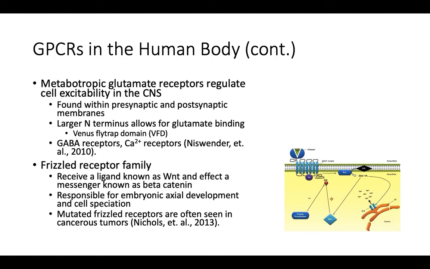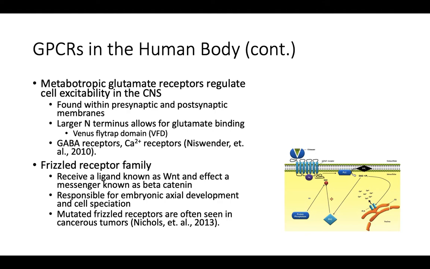Okay, that leads us to our next group, which are known as the metabotropic glutamate receptors. These receptors regulate cell excitability in the CNS, the brain, spinal cord, all that. That's where you're going to see most of these receptors.